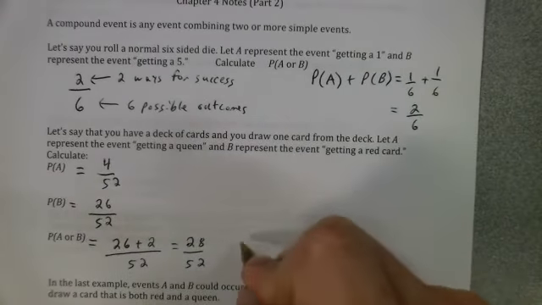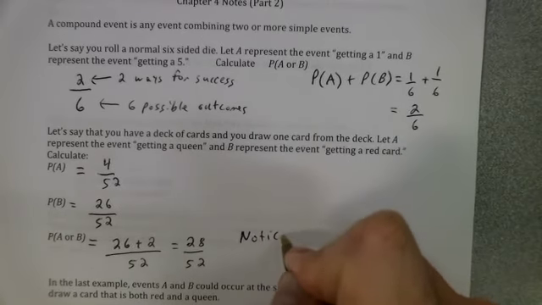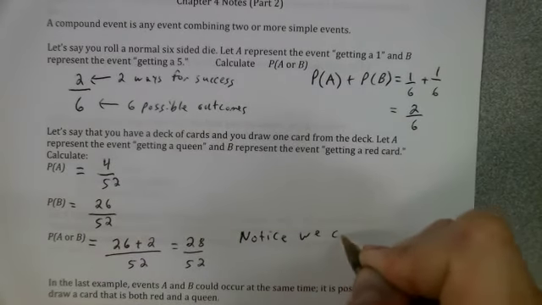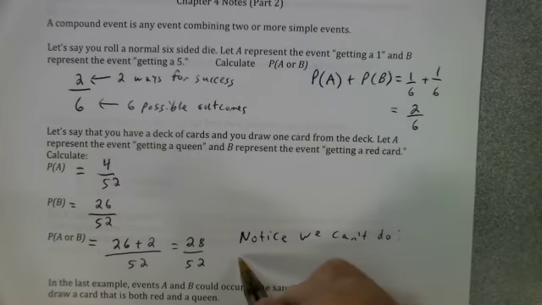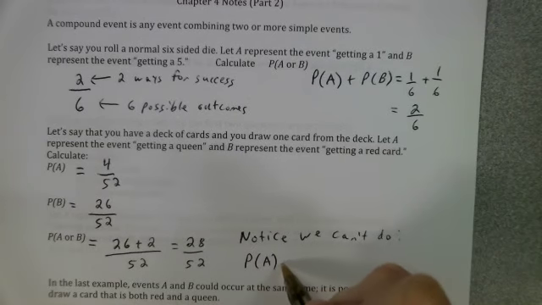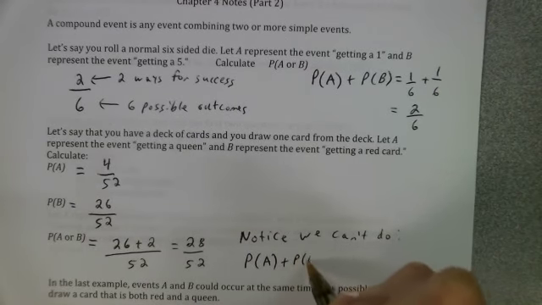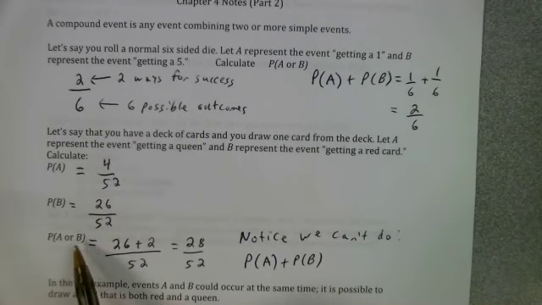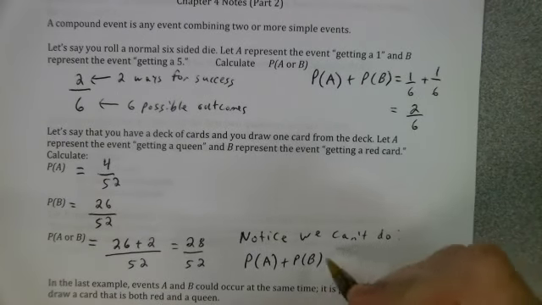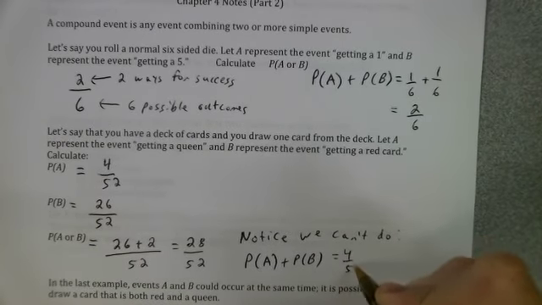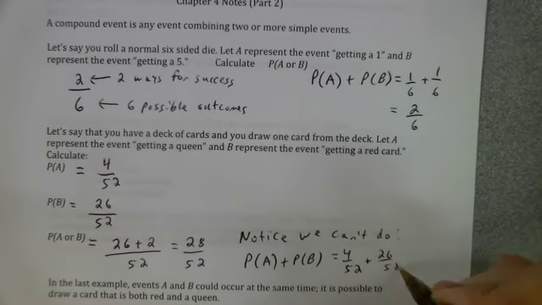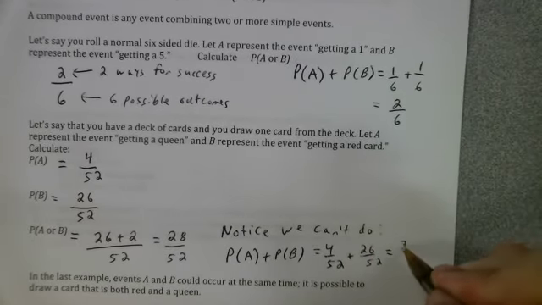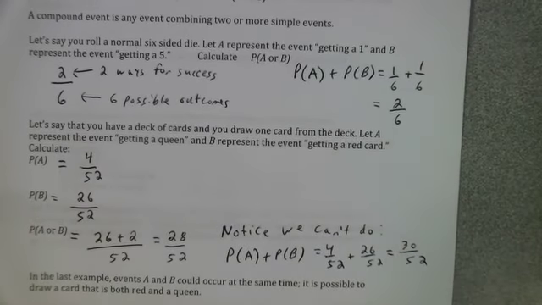Now notice we can't do the following. Notice we cannot say the probability of A plus the probability of B gives us the probability of A or B. That doesn't work here. 4 out of 52 plus 26 out of 52 gives you 30 out of 52, and that's the wrong answer.